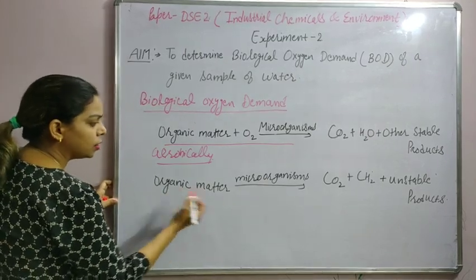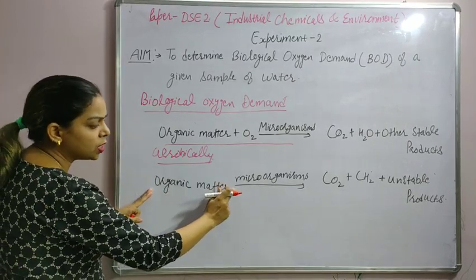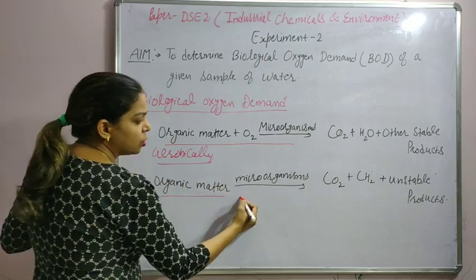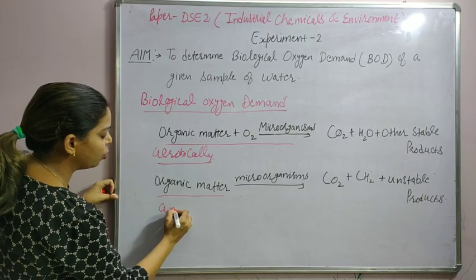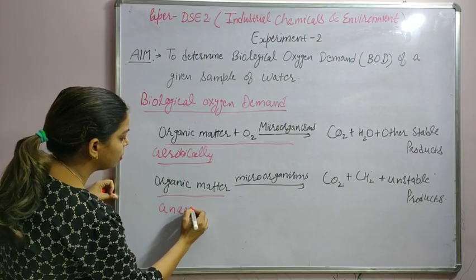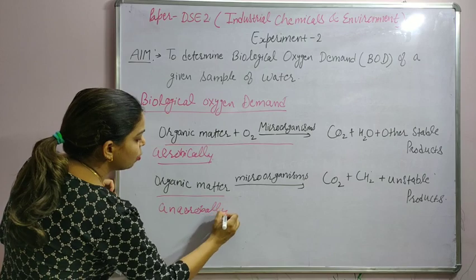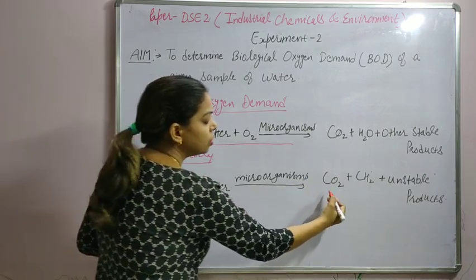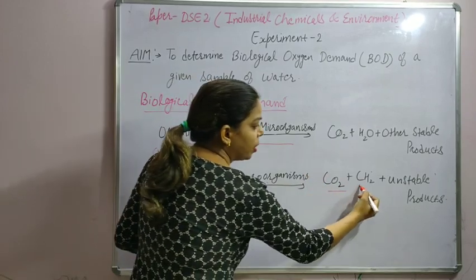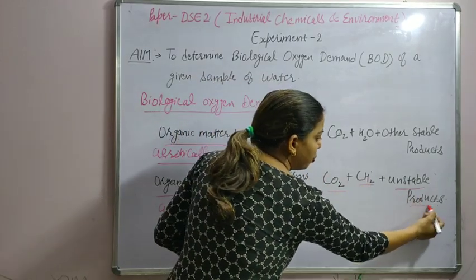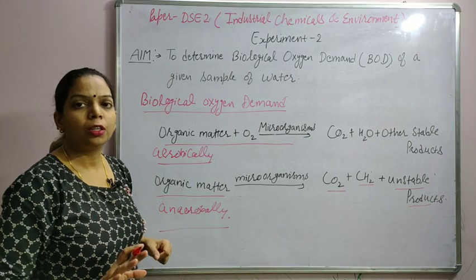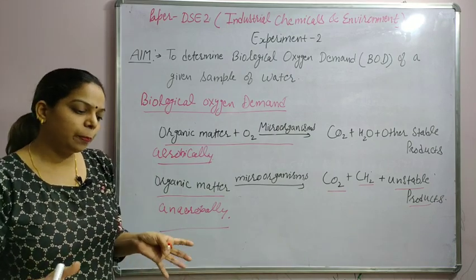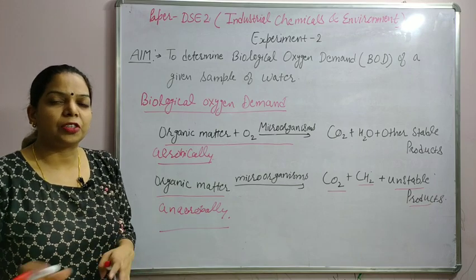Alright. Now what happens if the amount of oxygen in the water source is less? The organic matter will decompose in the absence of oxygen. That process will be known as anaerobic process, or this happens anaerobically. This will give out CO2, some radicals, and other unstable products which may be harmful for aquatic life and the animals which are present in water, like fishes.